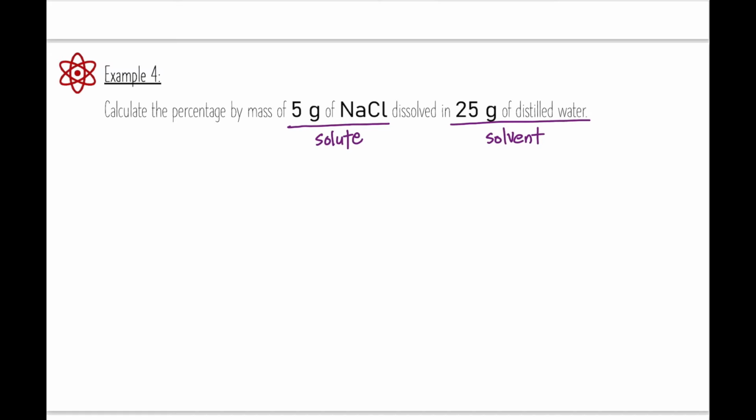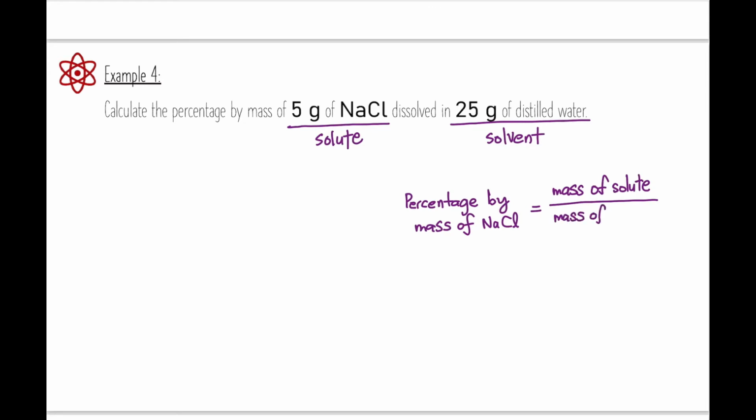We know that to calculate the percentage by mass, we need to have the mass of solute divided by the mass of solution times 100.